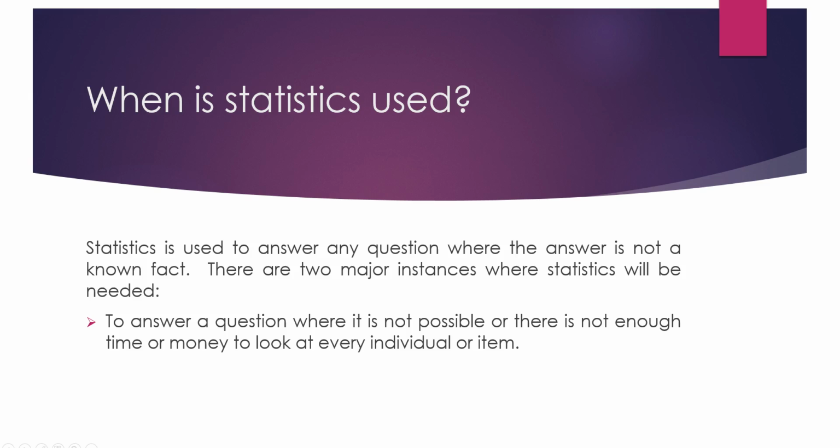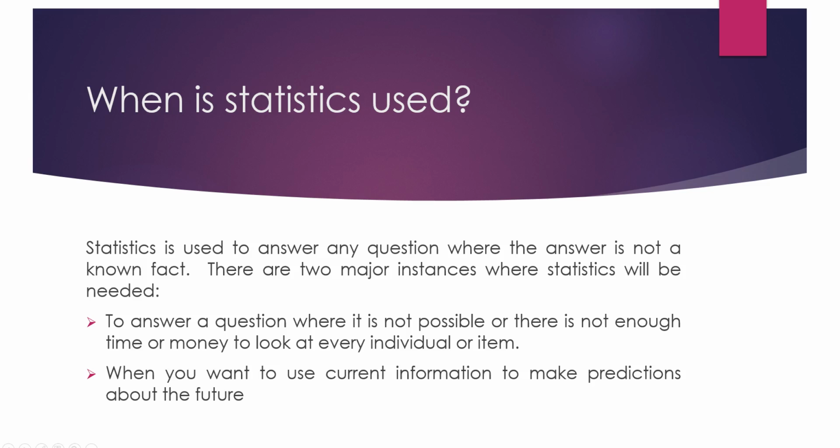The first is to answer a question when it is not possible, or there is not enough time or money to look at every individual item. And the second is when you want to use current information to make predictions about the future. So in a way, we're kind of scientific fortune tellers. We're going to make predictions, but we're going to use strongly backed theoretical processes to do that.